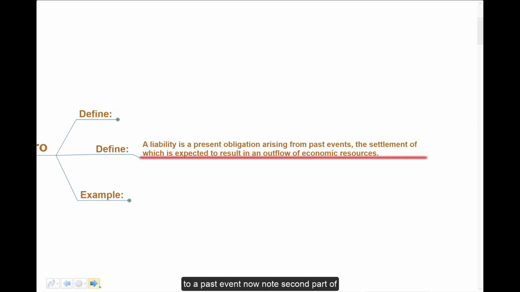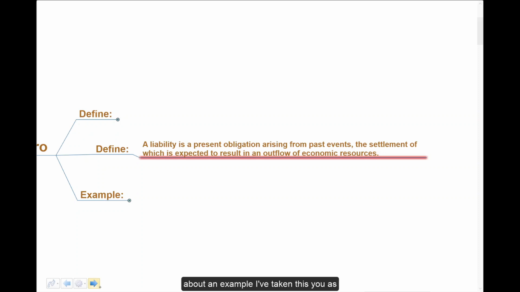Now note the second part of the sentence, the settlement of which is expected to result in an outflow of economic resources. What does that mean? Let's put it into basic language. We're talking about a payment. So there's a present obligation that arises from a past event that's going to result in a future payment. Therefore, we need to reflect this liability by providing for it, by journaling it into our accounts.